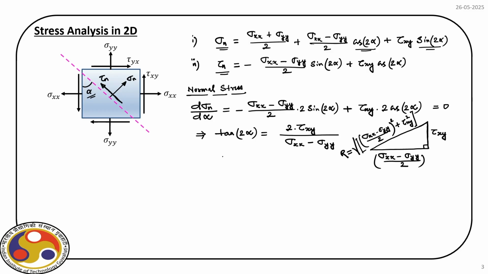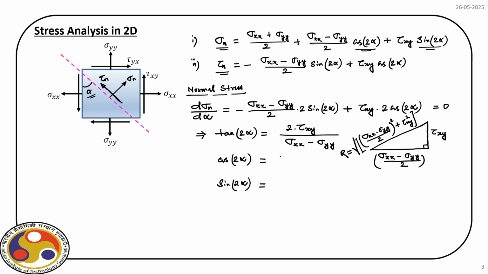Obviously, we can now express cosine of 2 alpha and sine of 2 alpha. What is the cosine of 2 alpha? It is nothing but base by this r.